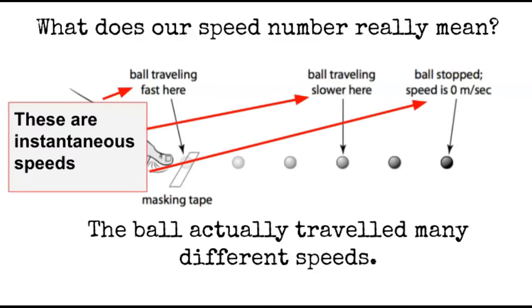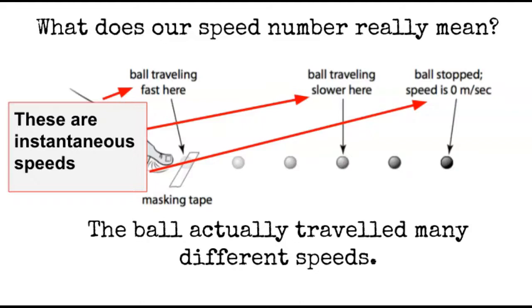So let's start with instantaneous speed. If you could somehow take a snapshot of just a moment in time and figure out how fast the ball was going in that moment, that would be your instantaneous speed, right? In that instant, what was the speed? But if you think about it, that's actually really hard to measure.